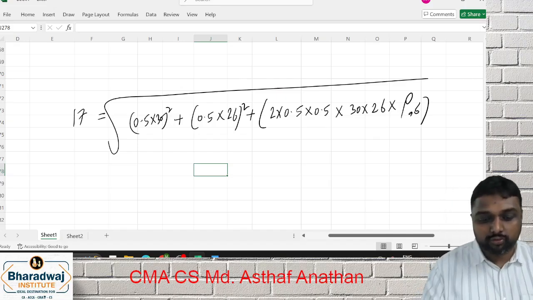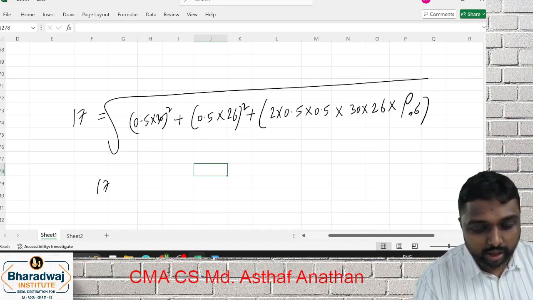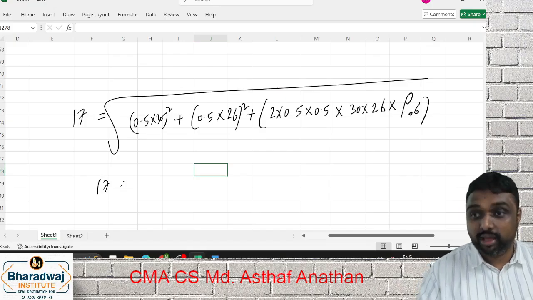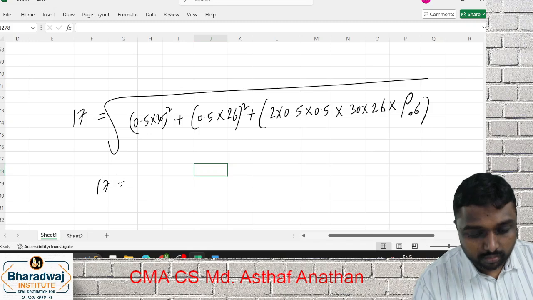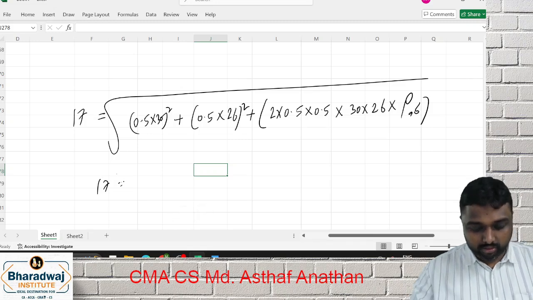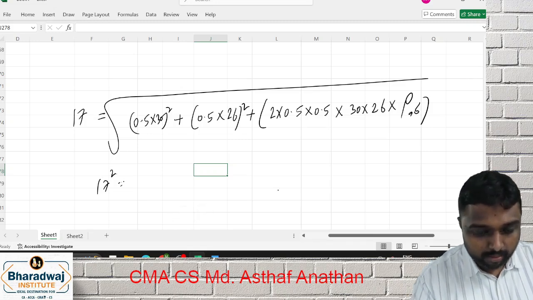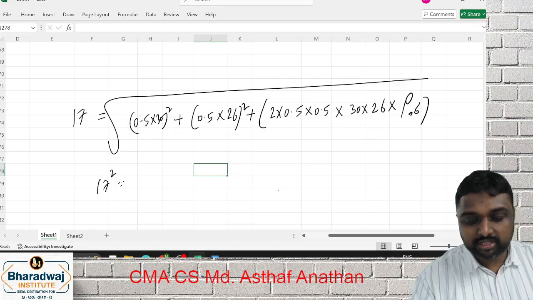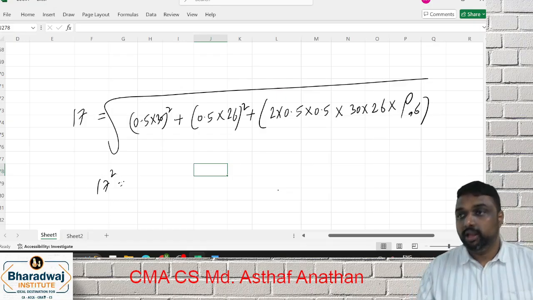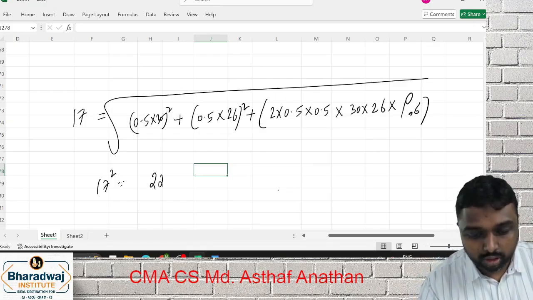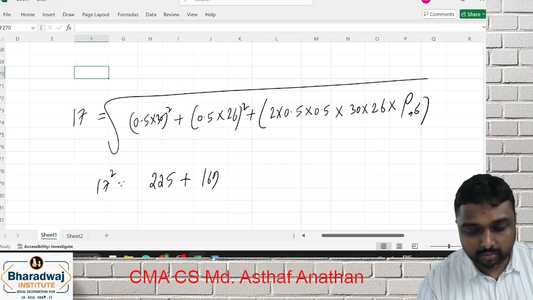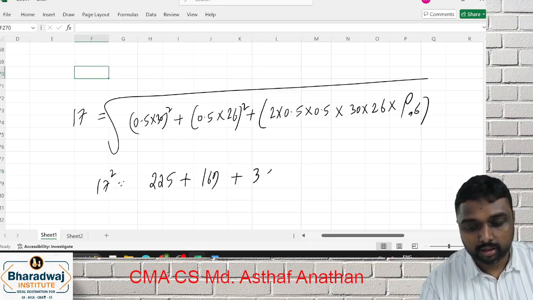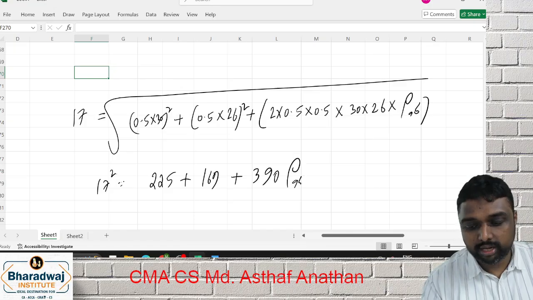Now you have to go for the formula: 17 square is equal to, if you put 17 square. So what is the first answer? 225. Next one, 169, plus 396 into correlation AB.